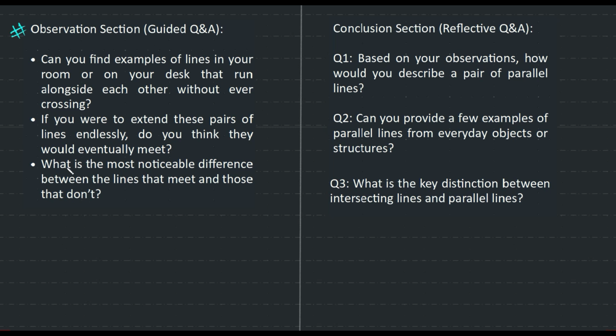They're not ending. I kept one more, they're not meeting. So no, they are not crossing. If they were to extend these pairs of lines endlessly, do you think they would eventually meet? No.